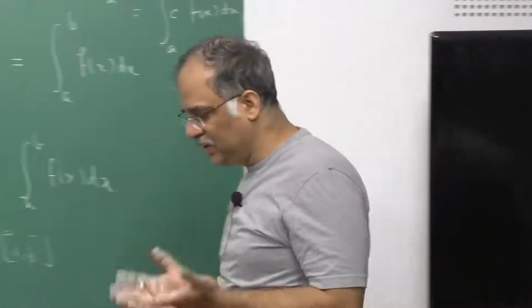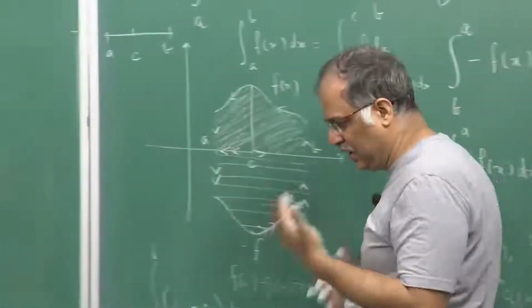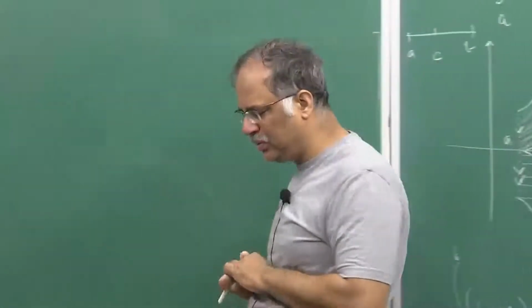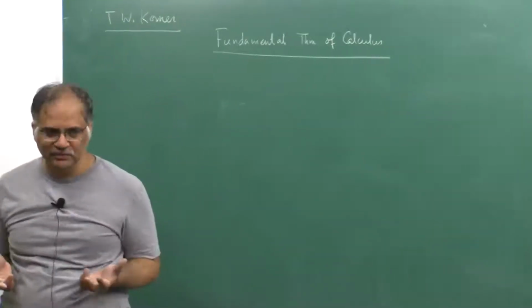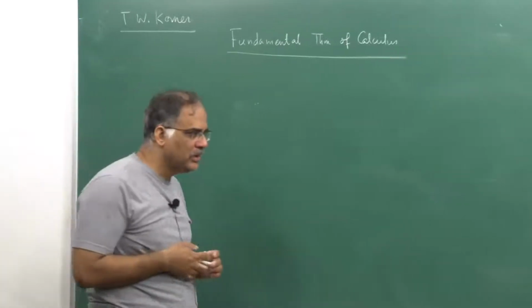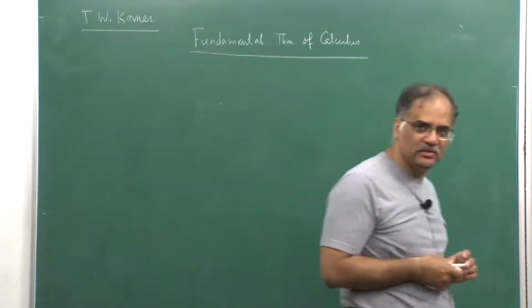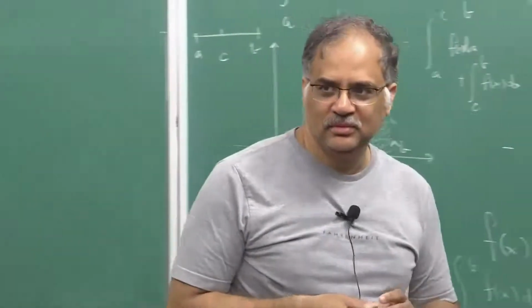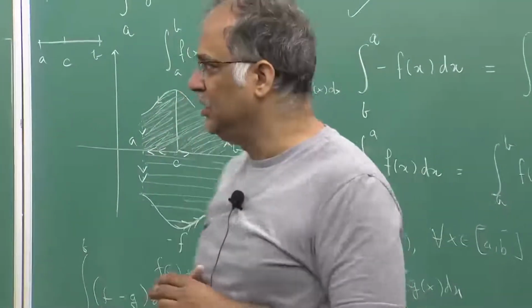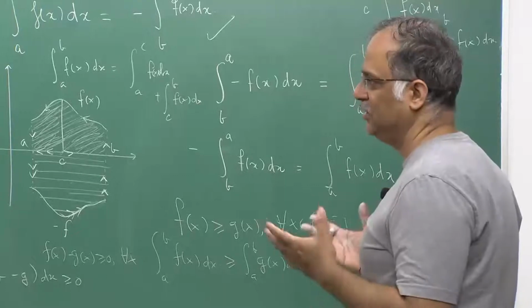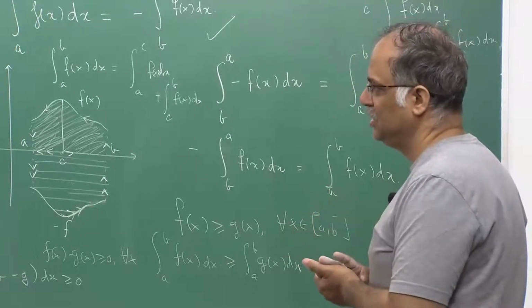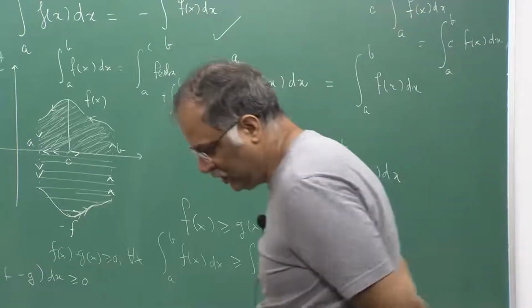So what is the fundamental theorem of calculus? These Greeks knew about areas and tangents and all these things. But what is the link between area and tangent? This link was only established in the 17th century.